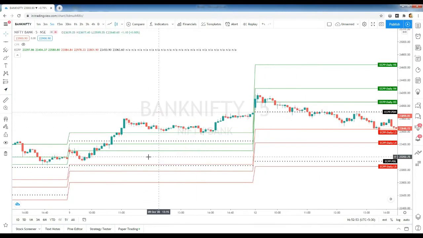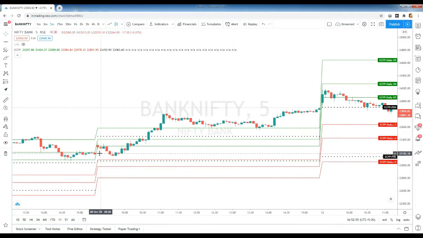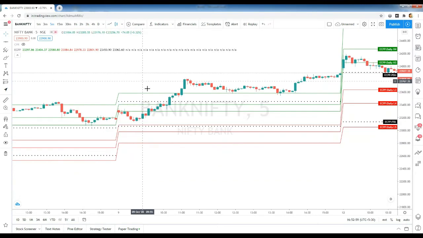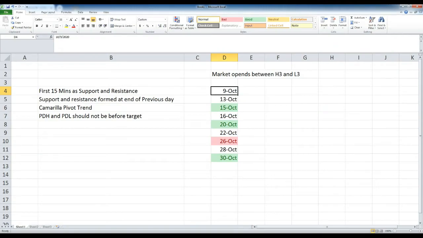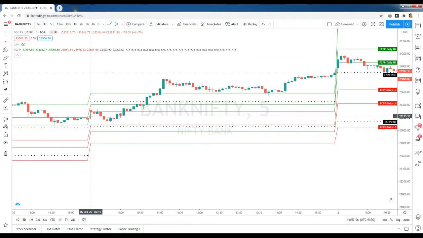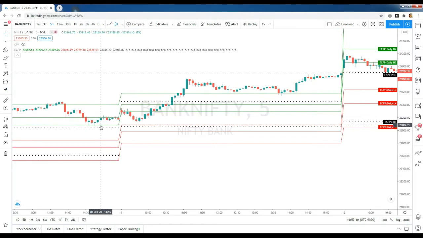On 9th October, the first candle gives you bearish signals. The first point is the 15 minutes, but the entry is immediately at the second candle, so that doesn't apply. We need to consider the support and resistance from the previous day. This is the support, and I always consider the body, not the wick.